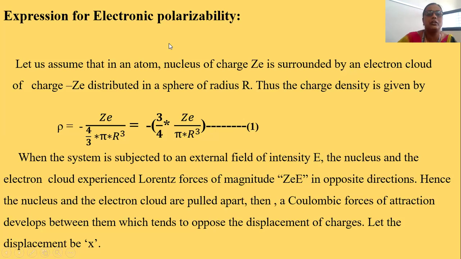So, expression for electronic polarizability. We are going to derive the expression. Let us assume that an atom of nucleus charge Ze is surrounded by an electron cloud.